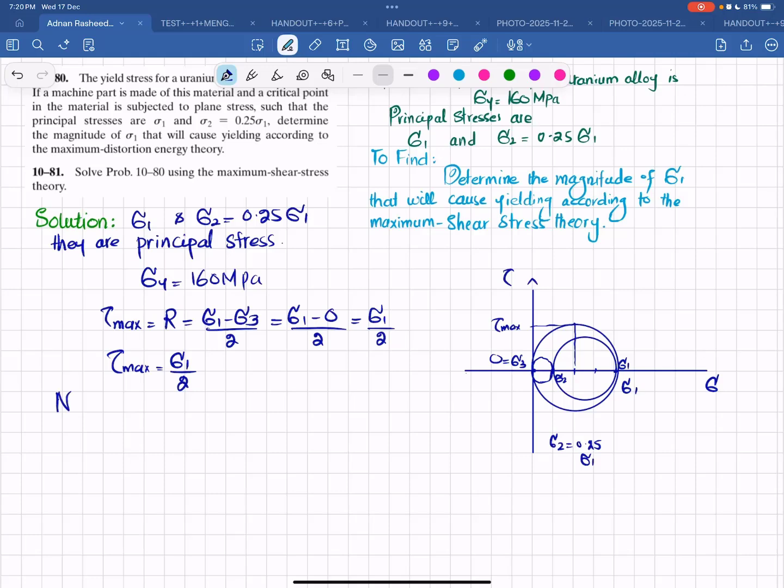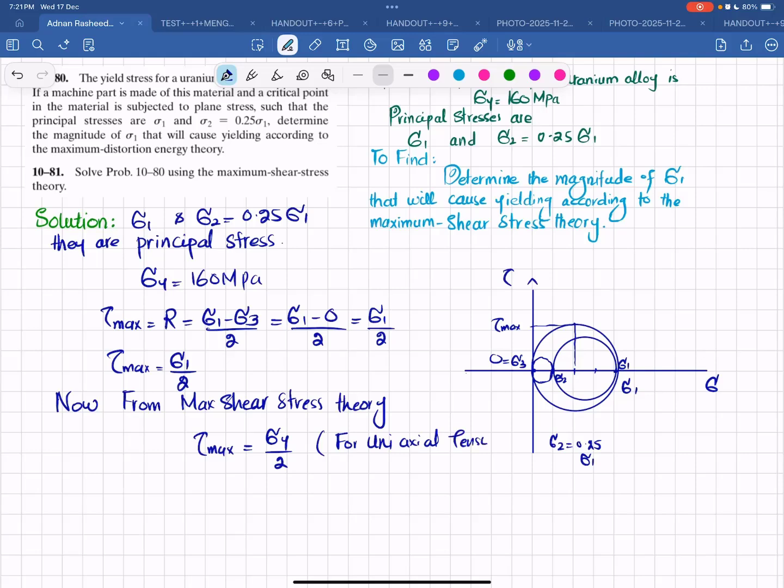Now from the maximum shear stress theory, the maximum shear stress is equal to sigma yield divided by 2 for a uniaxial tensile test. This is the value of maximum shear stress for uniaxial tensile stress.